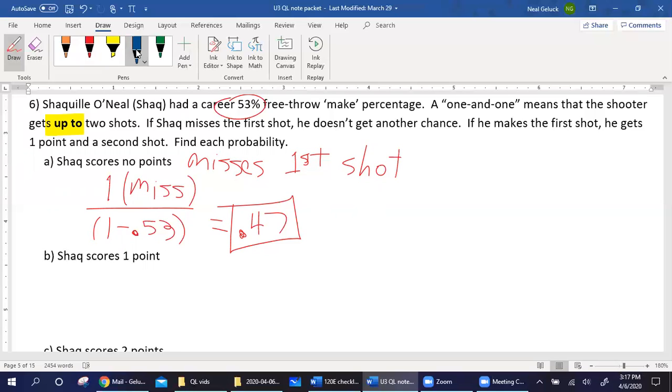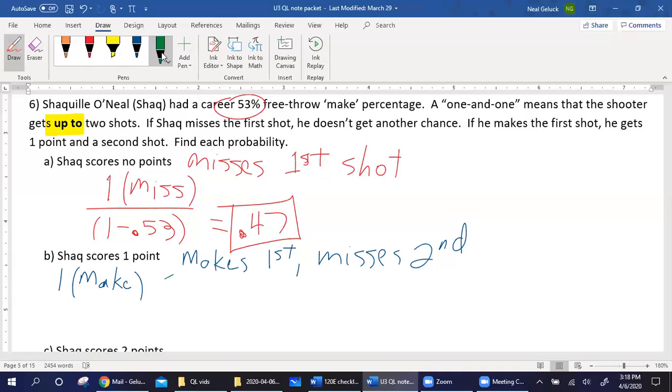The chances of Shaq scoring 1 point. Well, this is going to be a multiple event thing. This means that he makes the first shot, but then he misses the second. So this is 2 events. Event shot 1 is a make. Shot 2 is a miss.